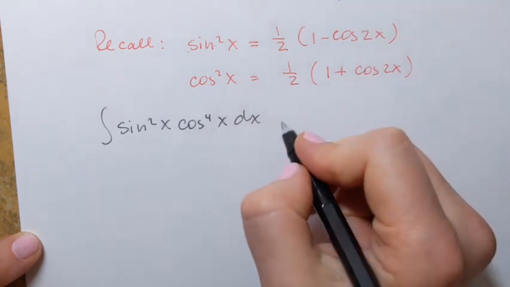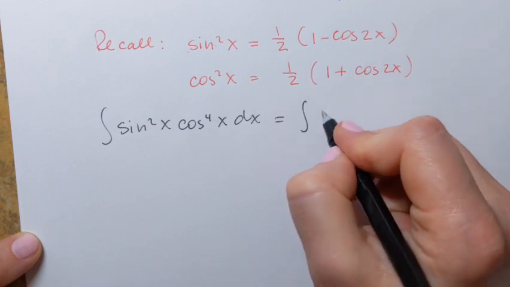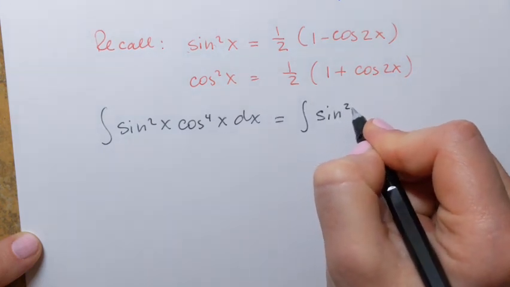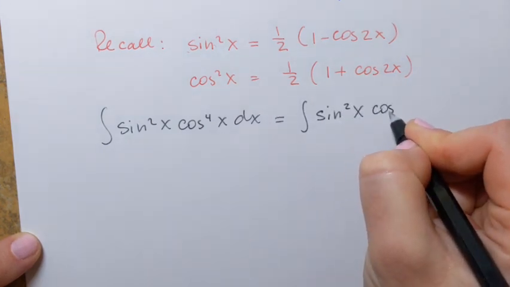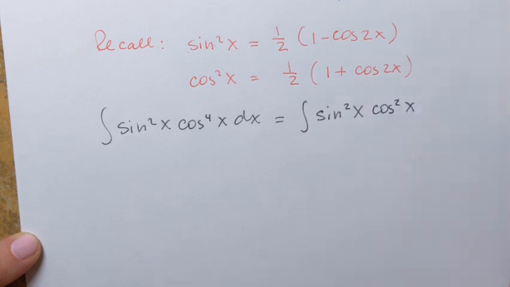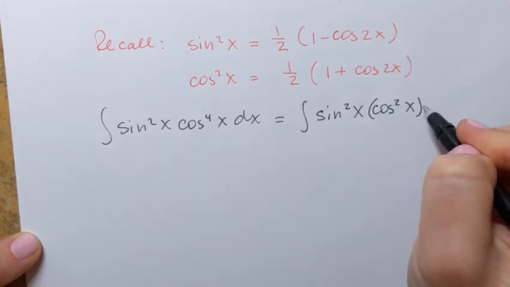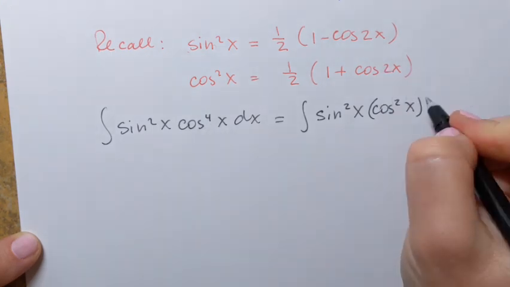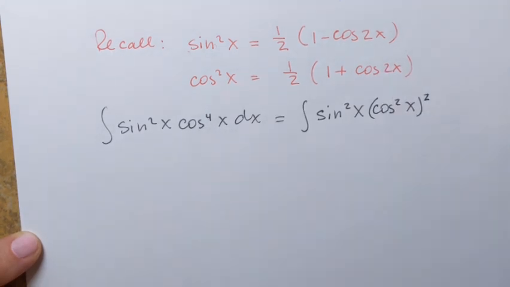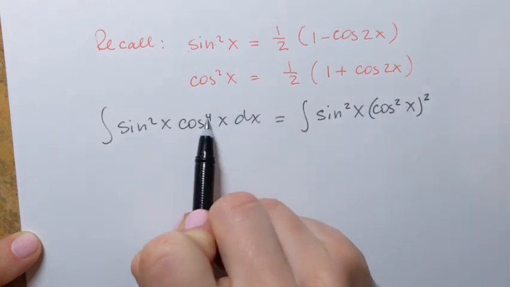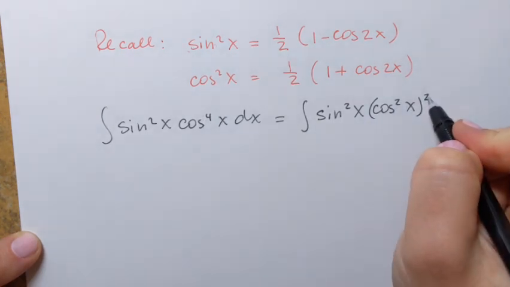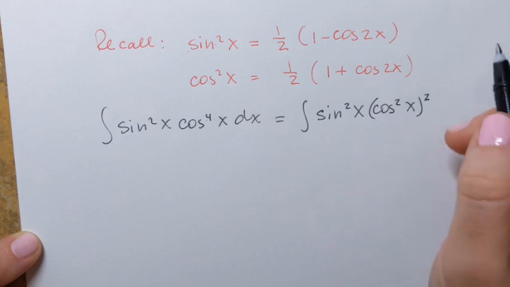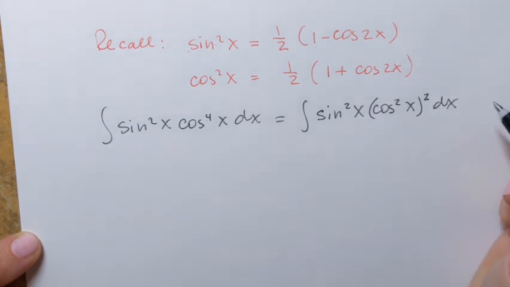Well, it's actually not a big deal because I can always rewrite any even power as a square, so cosine squared of x, and then raise to whatever it has to be to produce the original power. Well, in this case, it has to be the 2nd power, right? 2 times 2 is the power of 4, or the square of a square is the 4th power, dx.